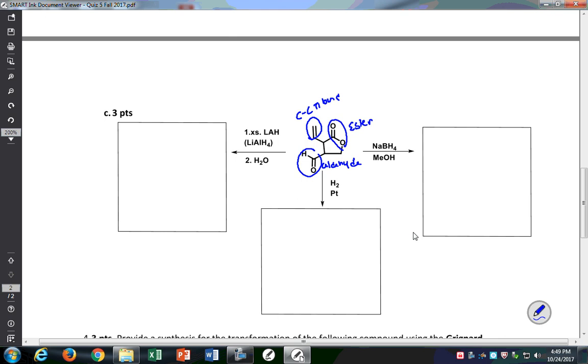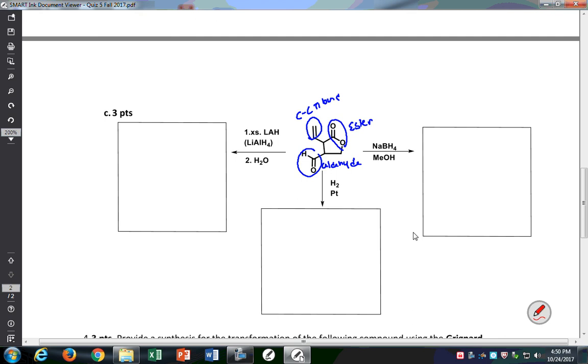So first off, let's look at lithium aluminum hydride. That's not going to react with carbon-carbon pi bonds, and neither is sodium borohydride. So neither of those are going to react with that carbon-carbon pi bond. However, lithium aluminum hydride will react with our aldehyde and our ester. But it won't react with our carbon-carbon pi bond, so that stays the same.